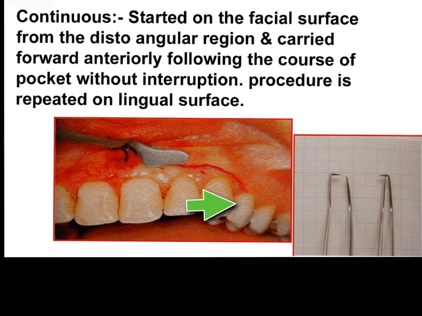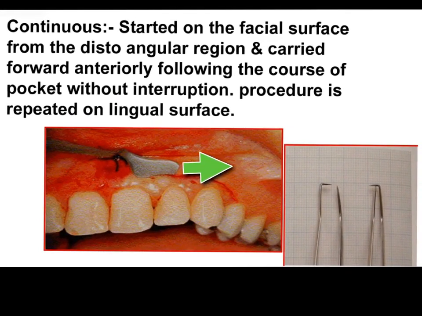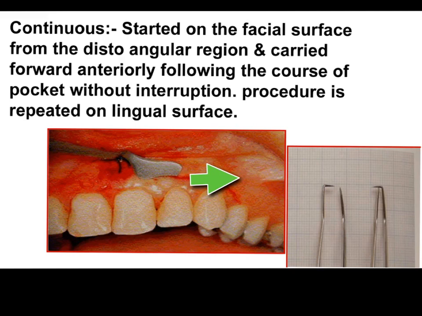We start from here and go forward anteriorly, following the course of the pocket marking without interruption. And if we have a lingual or palatal swelling, the procedure is repeated on the lingual surface also.